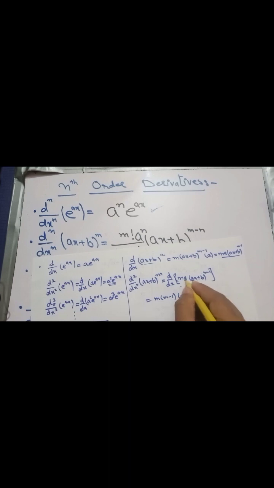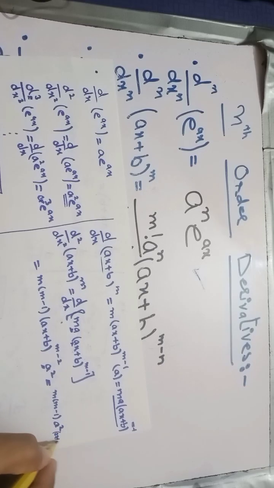This a is multiplied again with a, so we get a square. So we find that the answer is m into m minus 1, a square, and ax plus b power m minus 2.